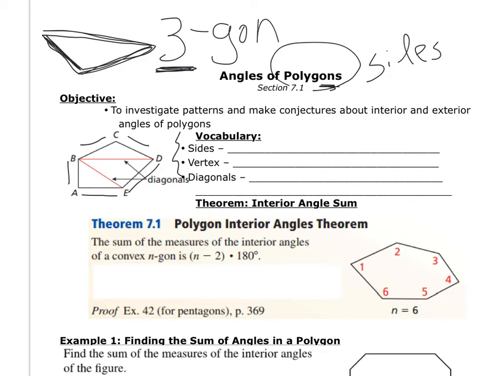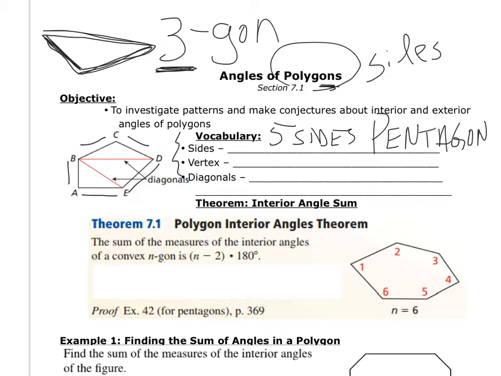How many sides do I have right here? That's right, I have 5 sides. So yes, you could call this object a fivegon, but let's be proper and correct, and you should be familiar with this word: isn't it a pentagon?